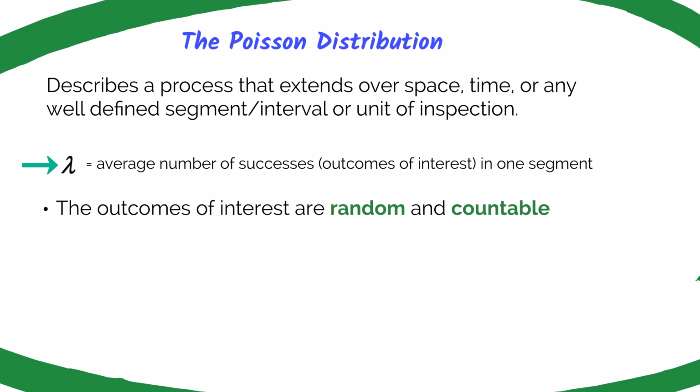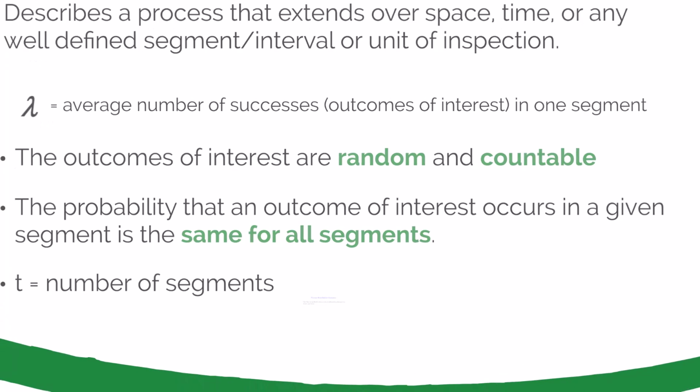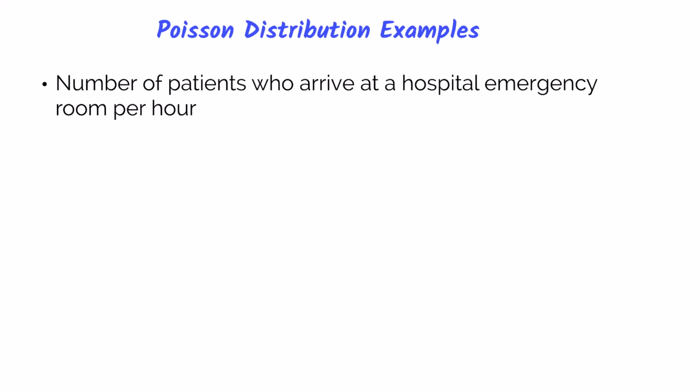So you can count how many potholes are on a city street. The probability that an outcome of interest occurs in a particular segment is the same for all segments. When we're talking about how many segments we're studying, we'll denote that by the letter T. It's important that you remember that the two symbols that we'll be using are lambda and T for the number of segments.